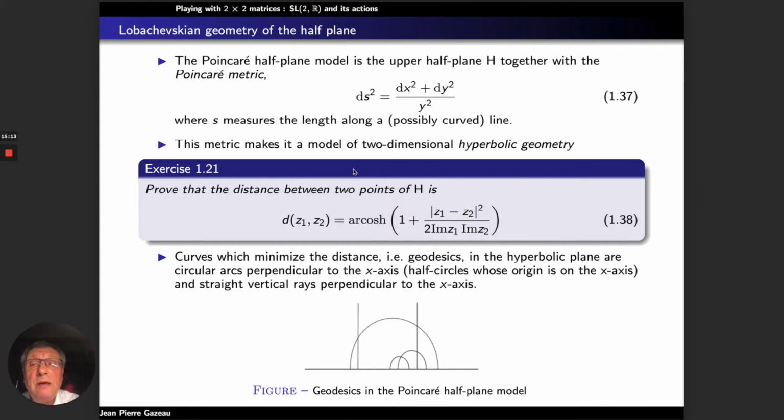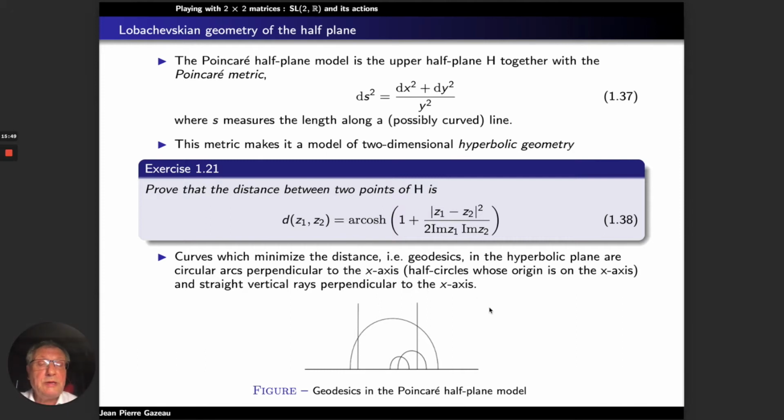And this metric makes the half plane H a model of two-dimensional hyperbolic geometry. So now, by doing some integration on this differential element, the infinitesimal length defined in this way, one proves that the distance between two points of H is given by this expression.